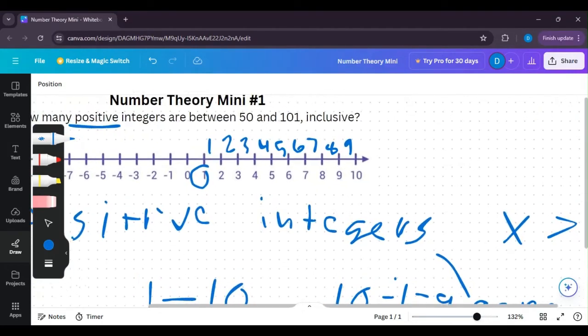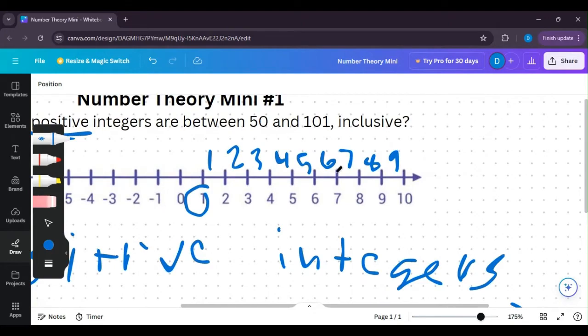But that's not the total amount of numbers. There's always one more number to count than the number of gaps. 1 can coincide with 2, 2 with 3, 3 with 4, 4 with 5, and 9 with 10.